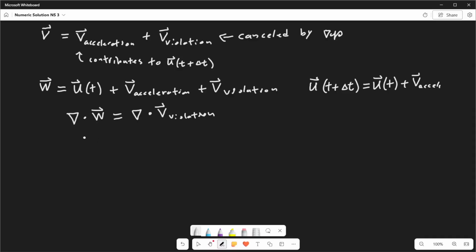And as discussed with the glass of water, the violation has to be contradicted. What stops the violation is the gradient of pressure. So the violation equals the gradient of pressure.